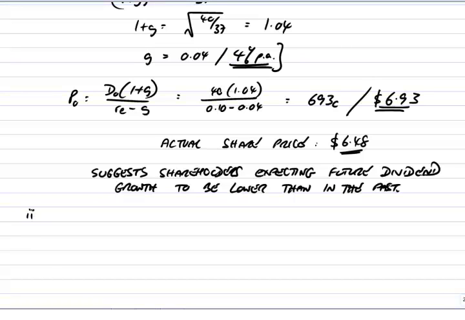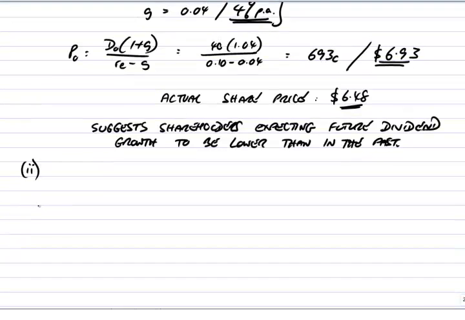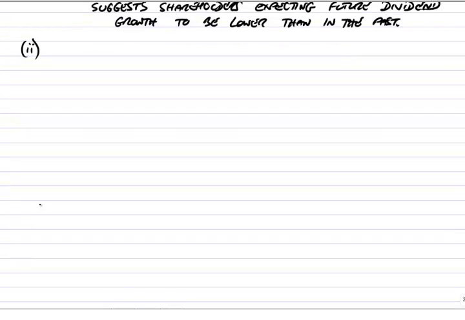What about number 2? Again, they want us to use the dividend growth model, but if the proposed change in dividend policy is implemented, and what's the proposed change? Below that little table, one of the items discussed at a recent board meeting was the dividend payment for 2010.